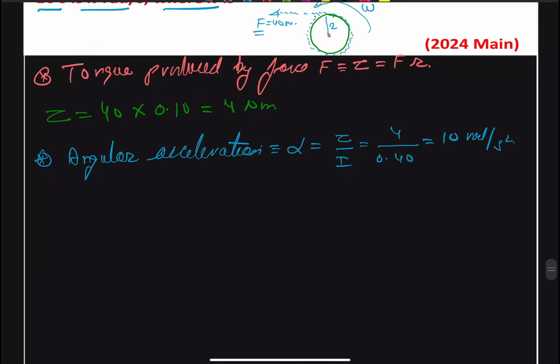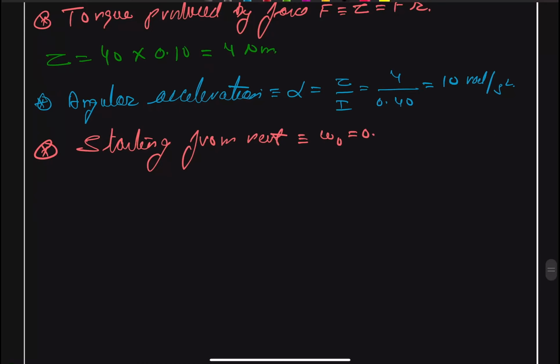So we can say that our starting from rest, which basically means that omega naught is equal to 0. So we can use the equation that omega is equal to omega naught plus alpha t.